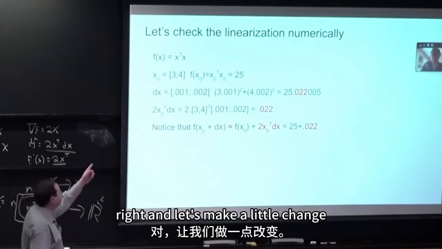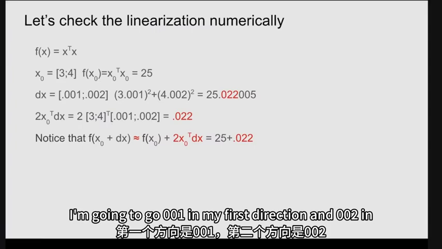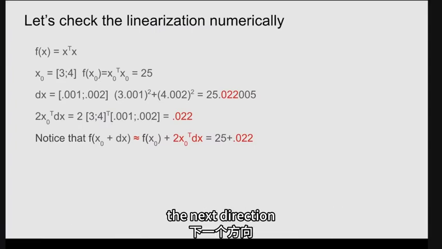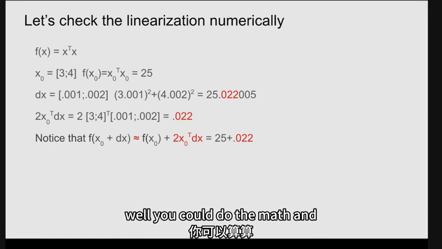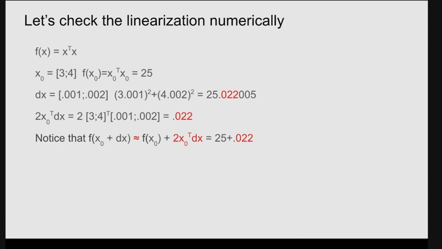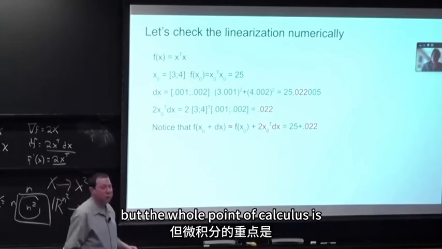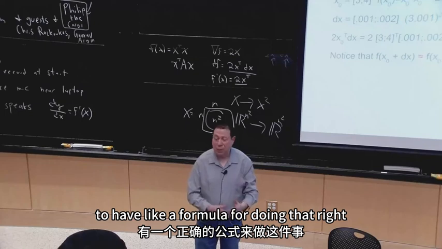And let's make a little change. Let's say my dx is going 0.001 in my first direction and 0.002 in the next direction. Well, you could do the math, and basically the answer is about 25.022. And here we're explicitly making those changes, right? But the whole point of calculus is to have a formula for doing that.